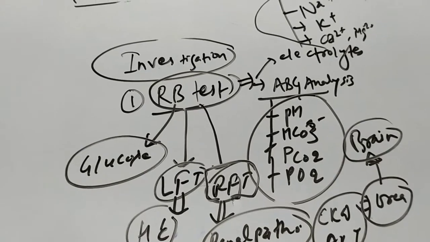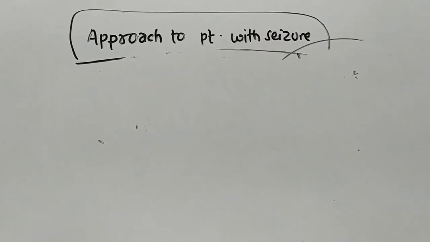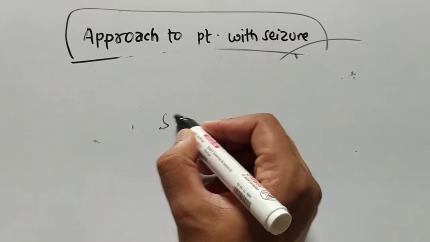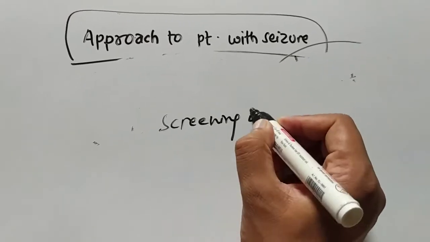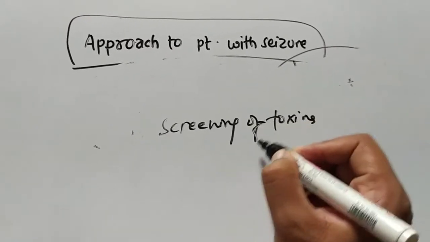So these are tests you can do from the blood. Another test you can do in the blood is screening of toxins or any drug abuse.